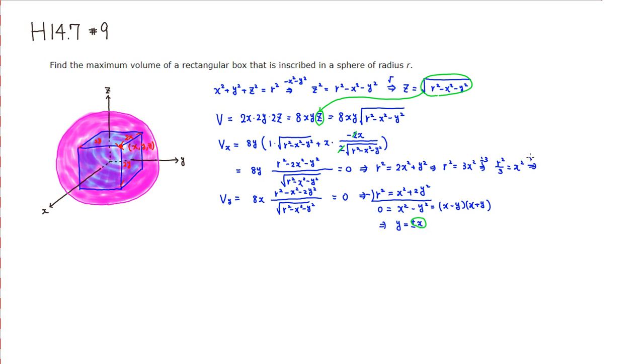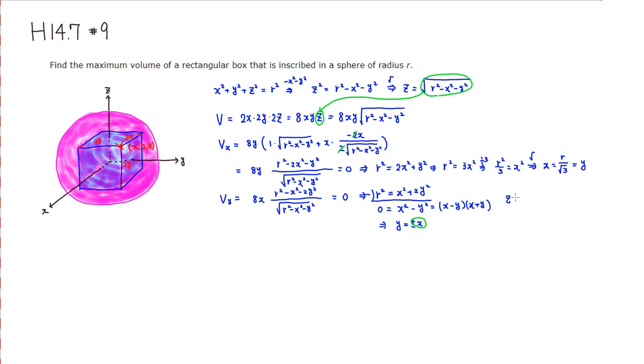Then we take the square root. So x is going to be the square root of r squared, which is r, over the square root of 3. I'm not going to put plus or minus, since we assume x to be a positive quantity. And y is the same as x, so y is going to have exactly the same value. How about the z value?